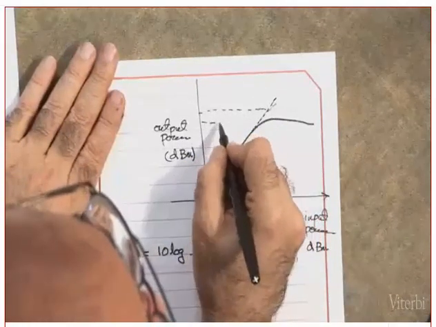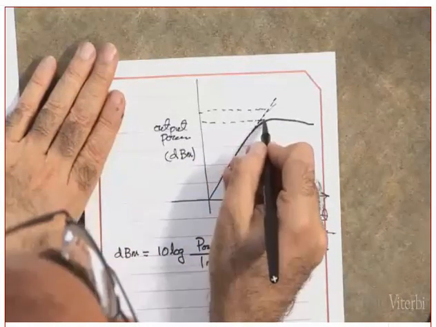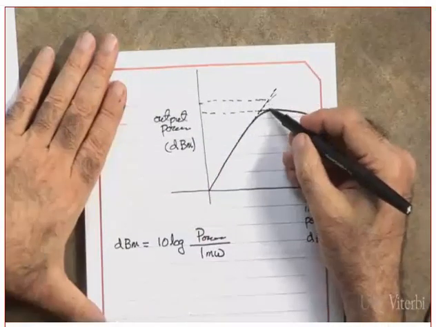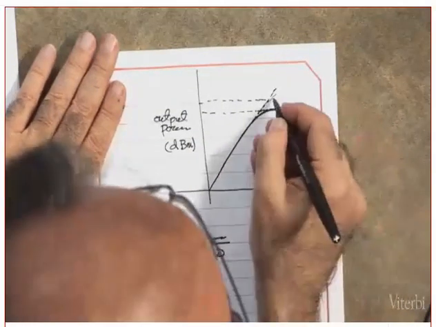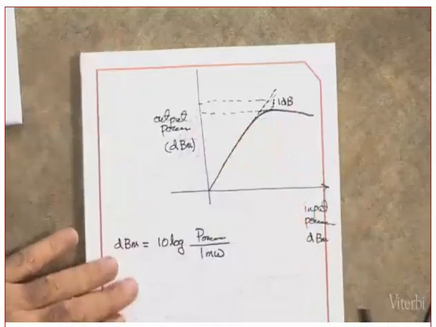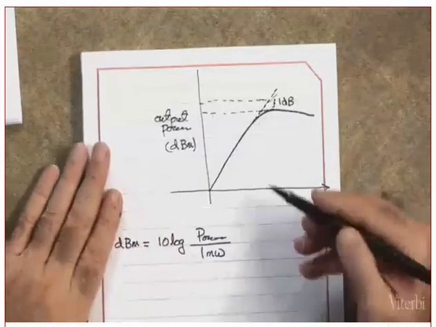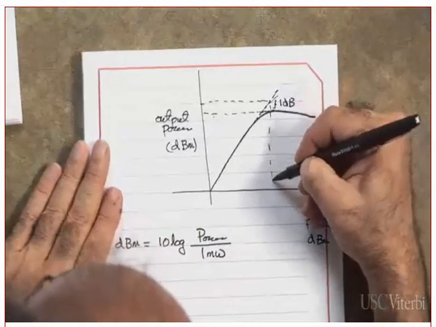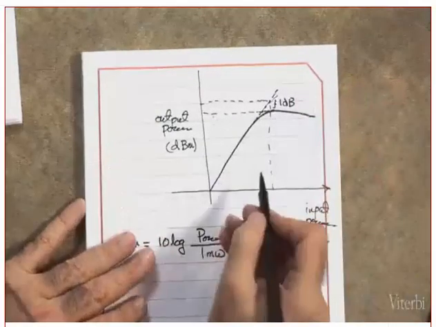Okay. I want you to see this. And I want you to see this one. So the deviation from the linear to the saturation. Once this becomes 1 dB, then we call this one the compression, whether you look at it from the input or from the output. What is this?